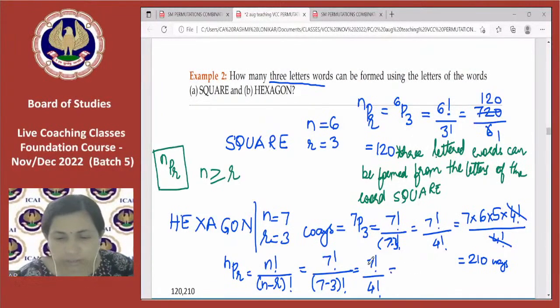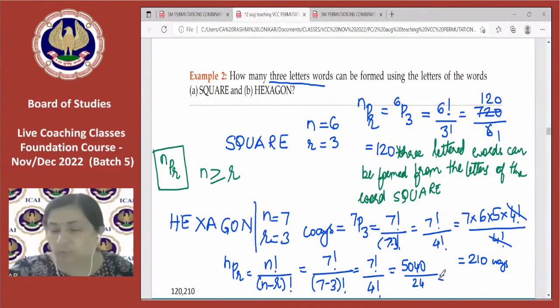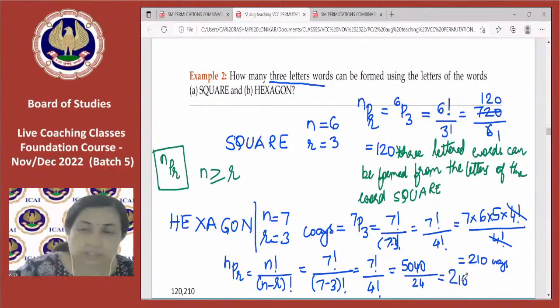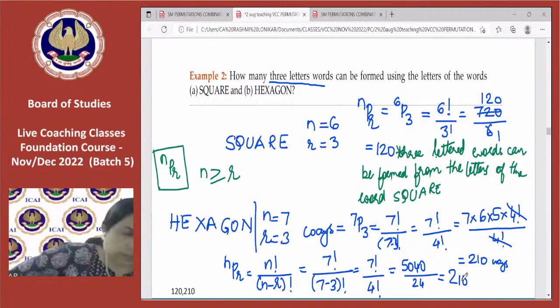You can even write this as 7 factorial, which I know is 5040. I know that 4 factorial is 24. So I get the answer as 5040 divided by 24. Answer is 210. So 210 3-lettered words can be formed using the letters of the word hexagon.